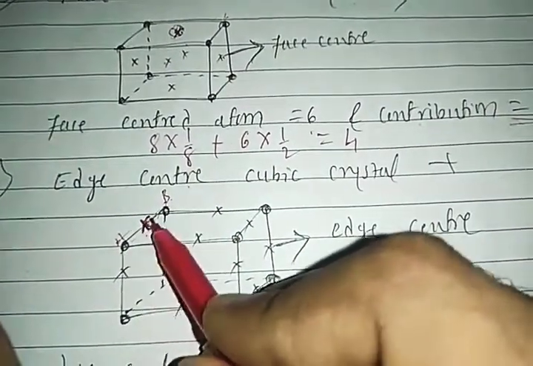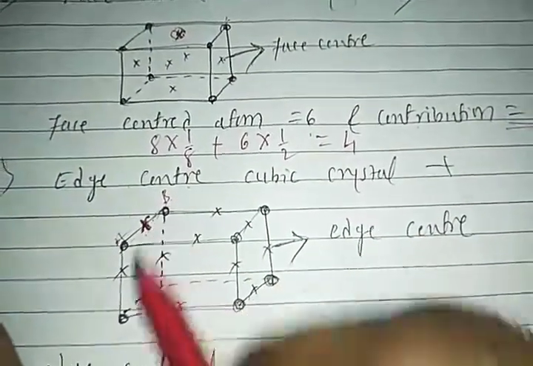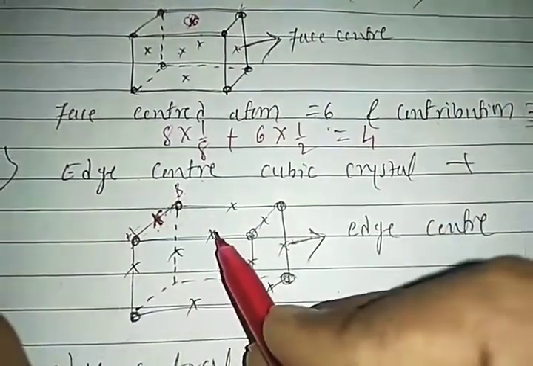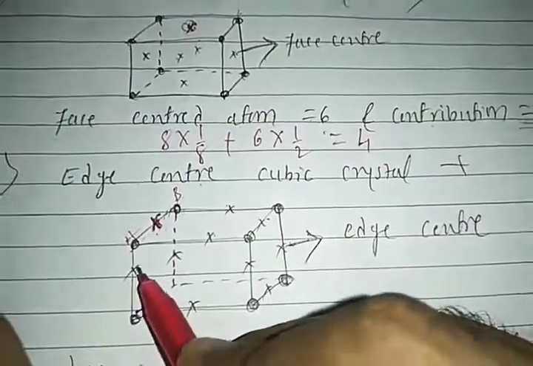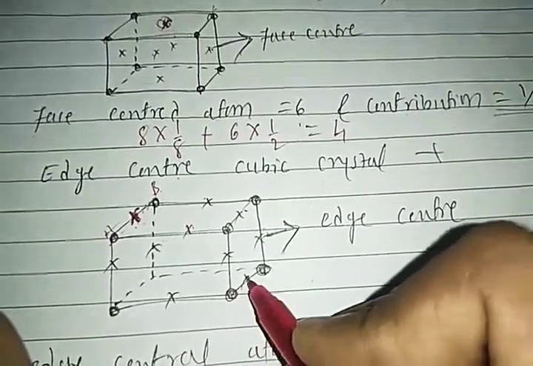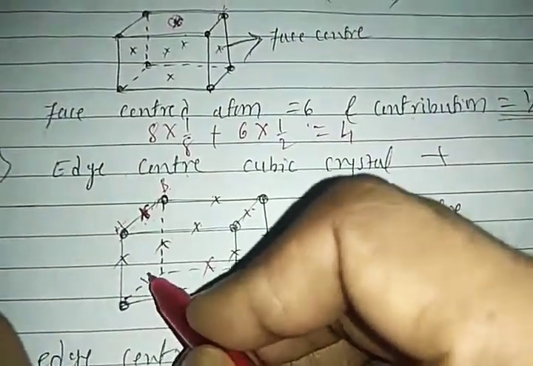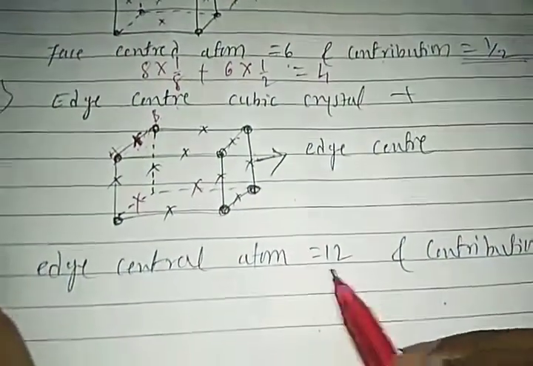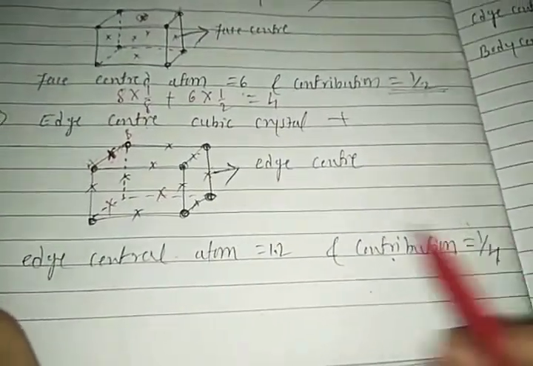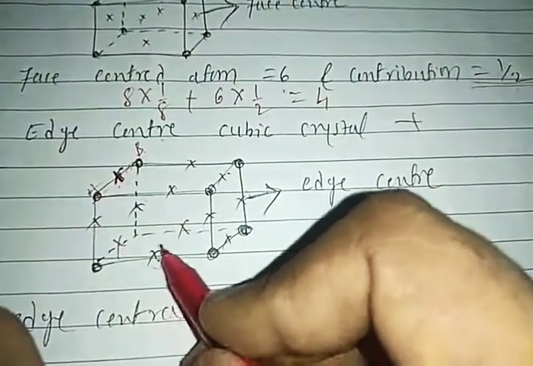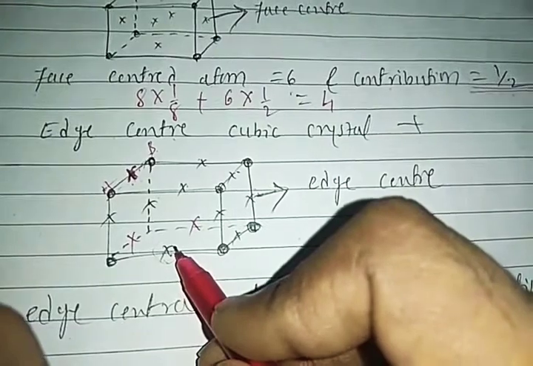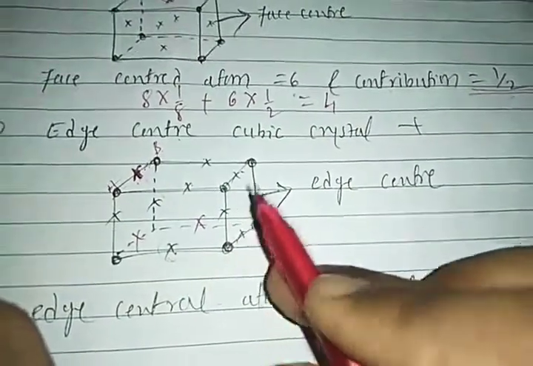Count how many edge centers are there: 1, 2, 3, 4, 5, 6, 7, 8, 9, 10, 11, 12. So edge center atoms are 12. Contribution is 1 by 4th part. Understood, students?